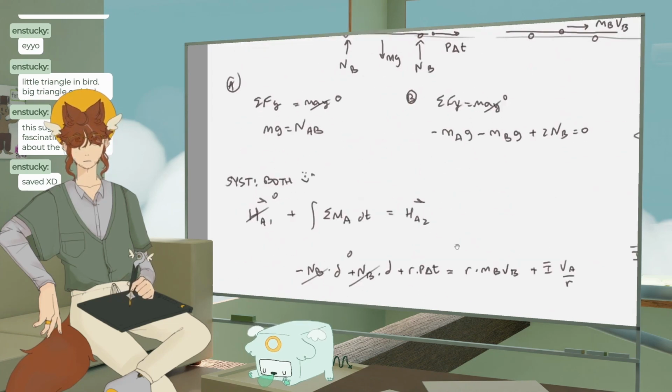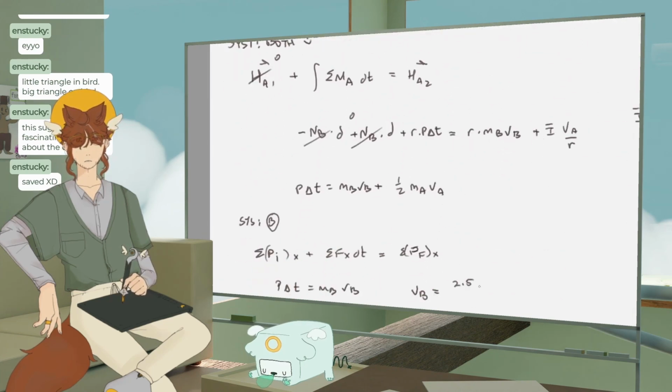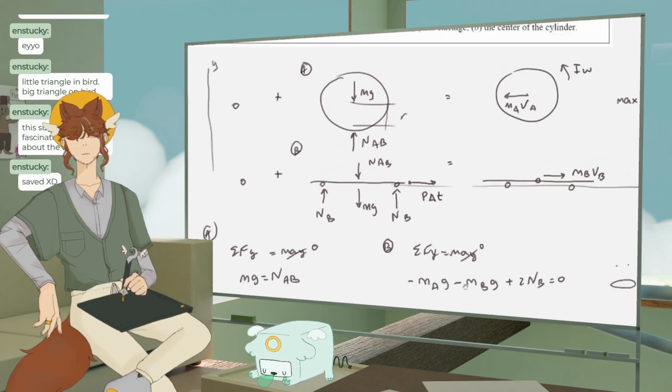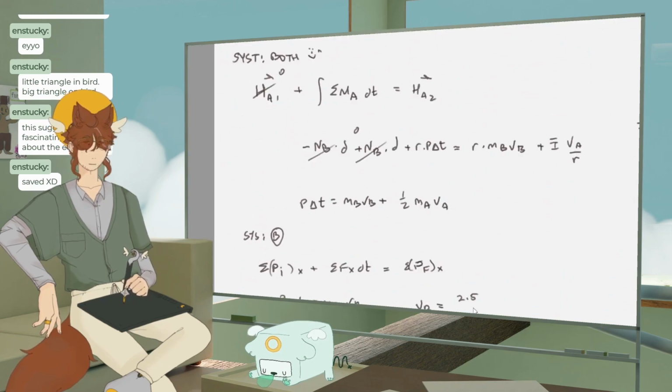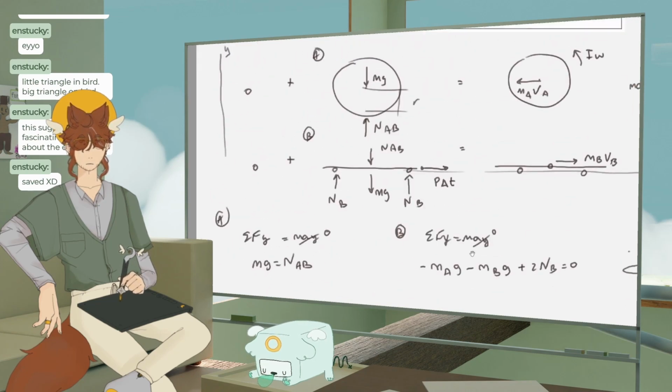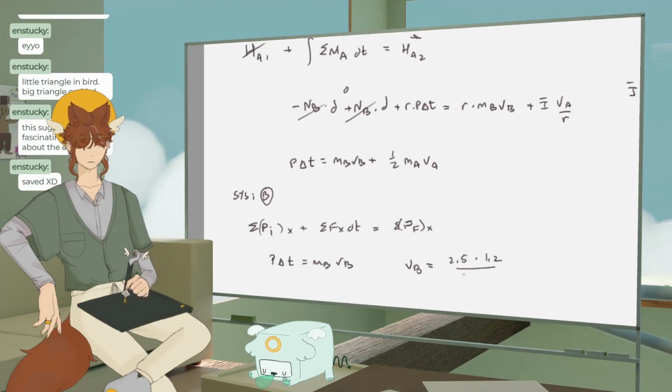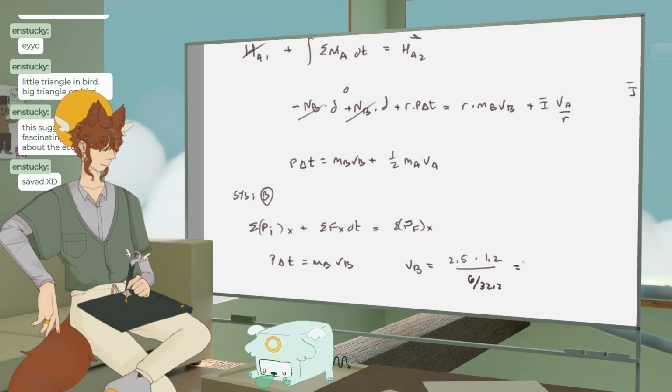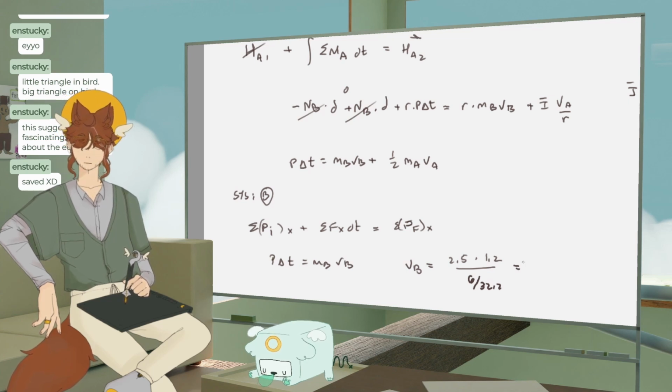This P, they gave P, right? 2.5 times 1.2, divided by m_B. 6 pounds divided by 32.2. 2.5 times 1.2 over 6 divided by 32.2 gives 16.1 feet per second.